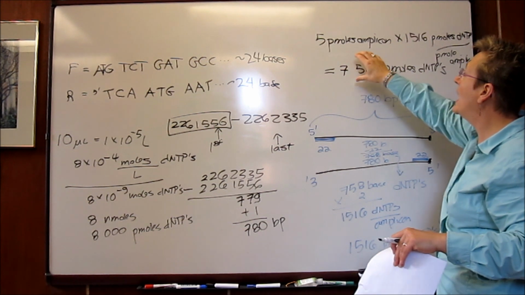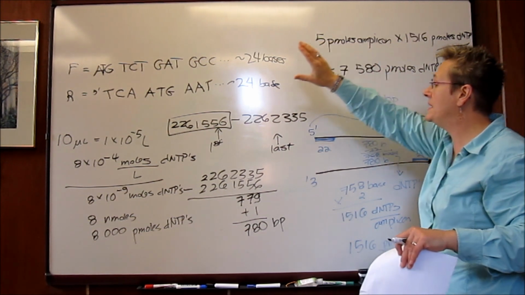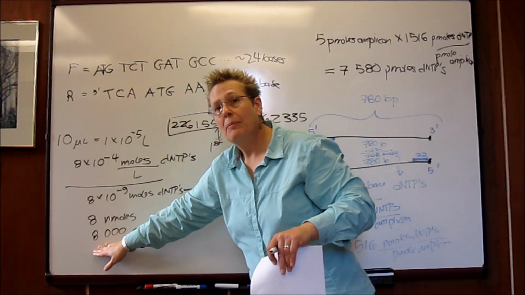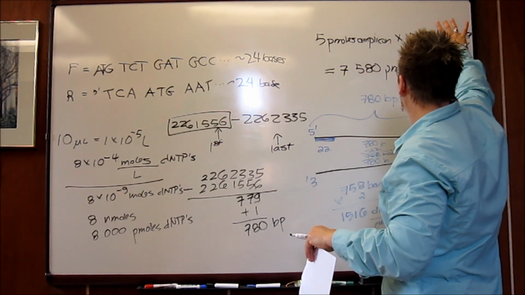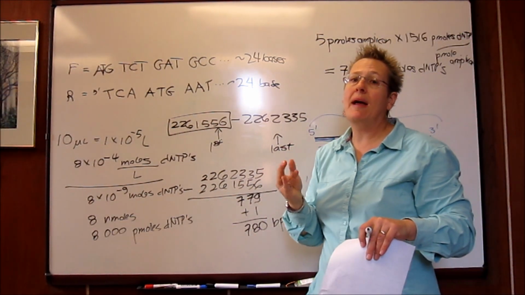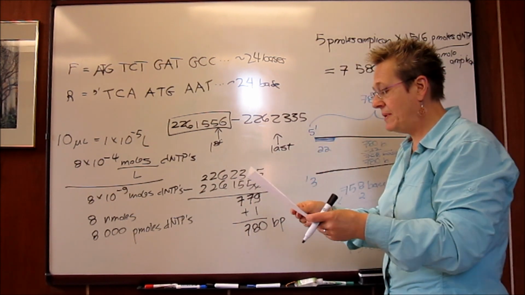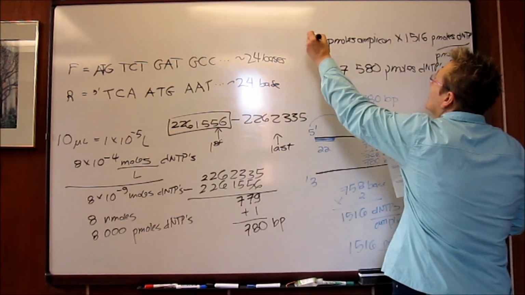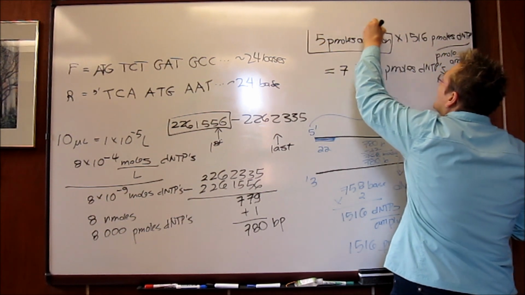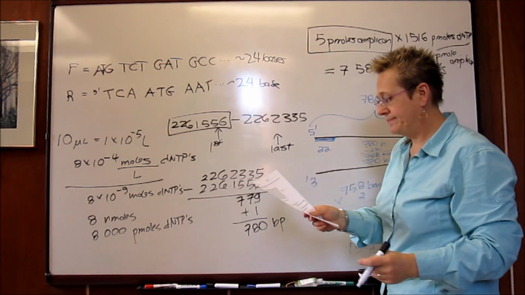So I would have to divide the number of picomoles of dNTPs that I had by the number per picomole of amplicon to figure out how many picomoles of amplicon I could make. So in this question, it turns out to be primer limited with a yield of 5 picomoles of amplicon.